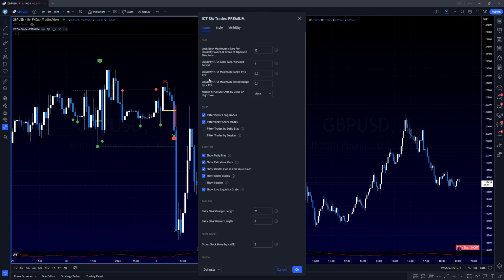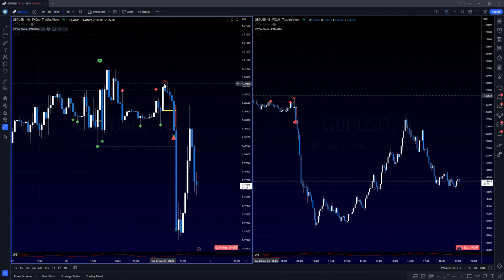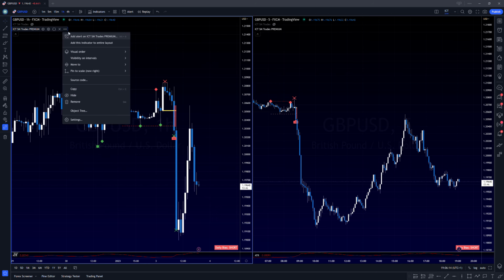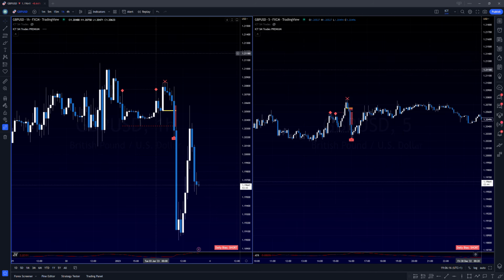I can filter only short trades to make it more clear. So when I create an alert, it will be triggered right after the market structure shift happens by closed candle.